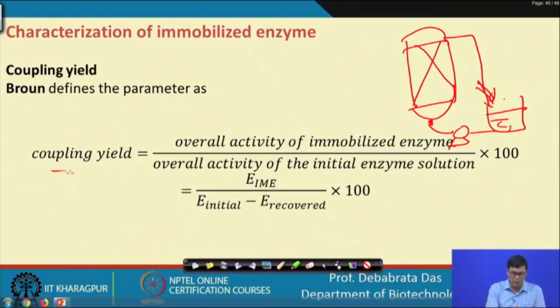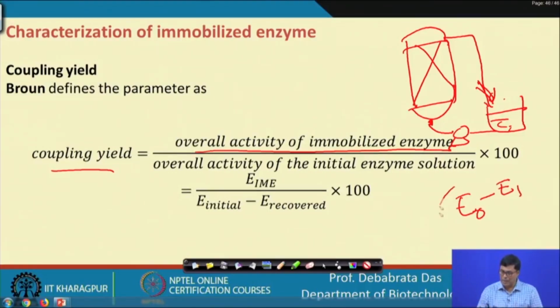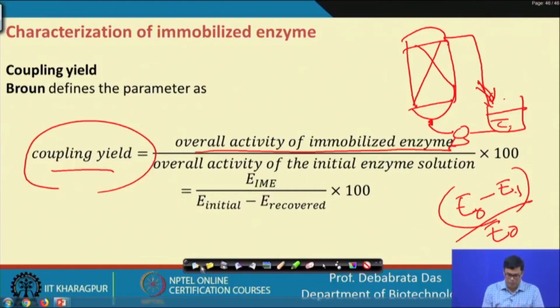So what is the coupling yield? The overall activity of the enzyme immobilized. How can we find out? Suppose initially enzyme activity is E0, and when it is saturated, enzyme activity is E1. So the activity of the enzyme immobilized is E0 minus E1. What is the overall activity of the initial enzyme solution? It is E0. So this ratio gives the coupling yield.